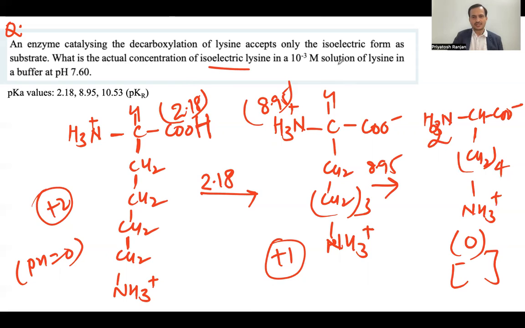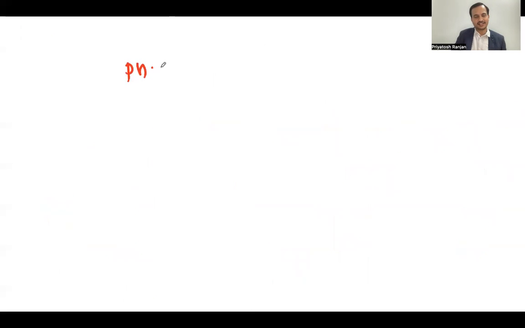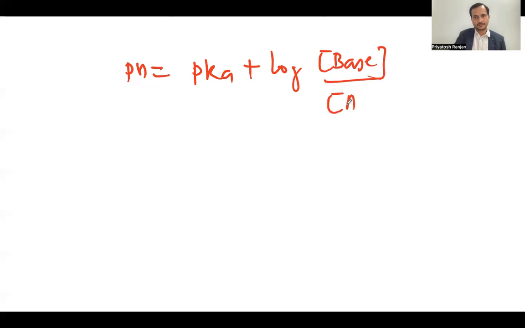When I'm interested in knowing the concentration of the protonated and deprotonated form, I need to use the Henderson-Hasselbalch equation, which is pH equal to pKa plus log base by acid.